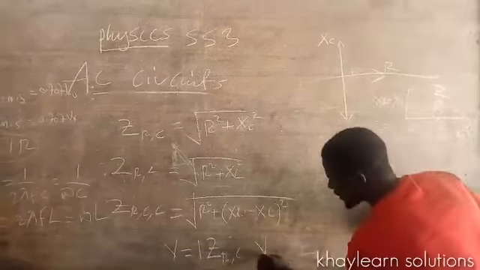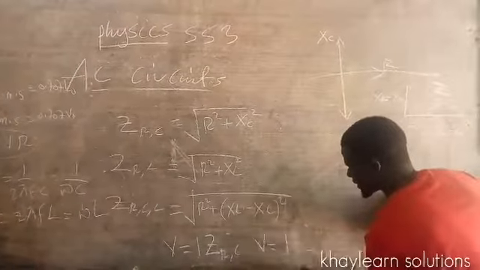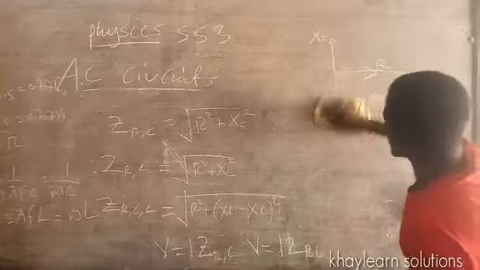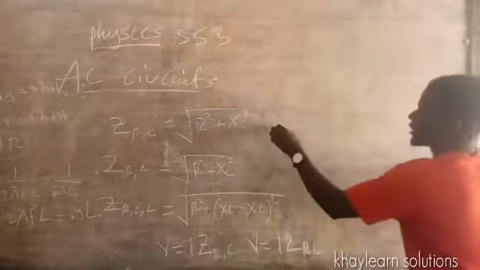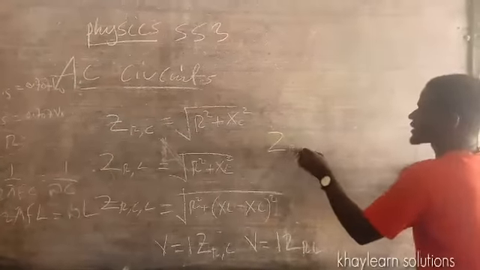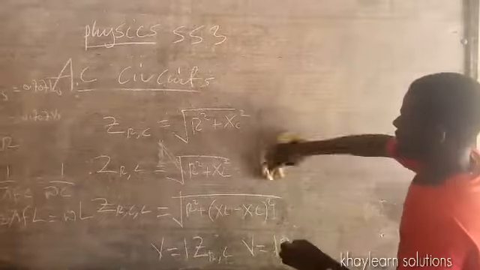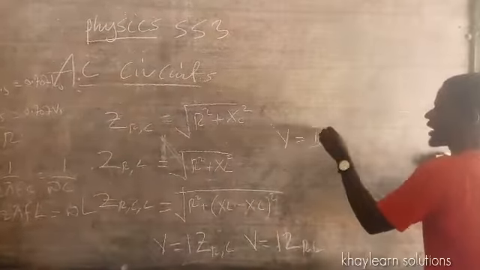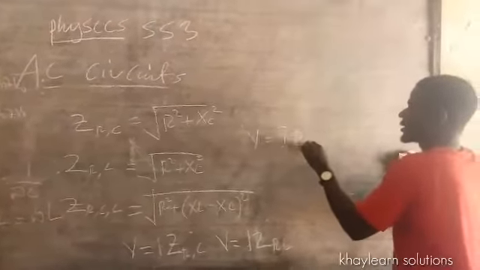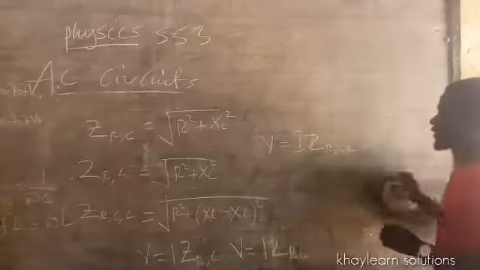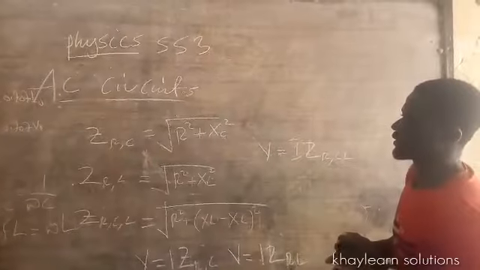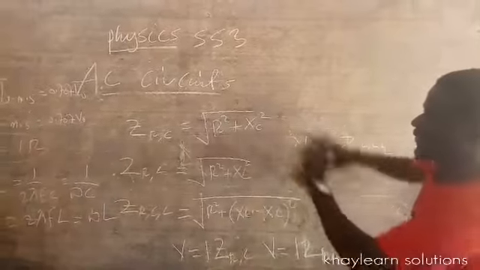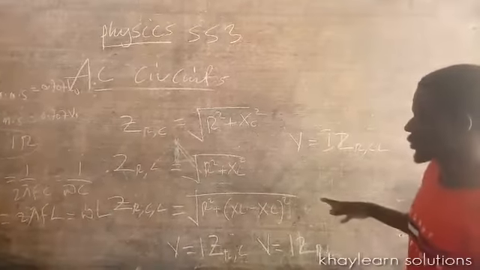We can also have V equals I Z subscript R and L when resistor and inductor are connected. And V equals I Z, or Z subscript R, C and L, when the three of them are connected in series in that circuit. So for the preliminary stages, this is what you need to know.